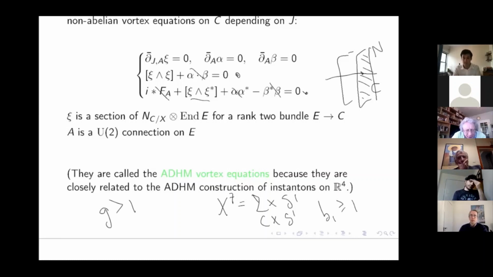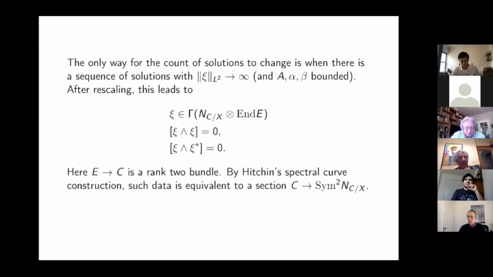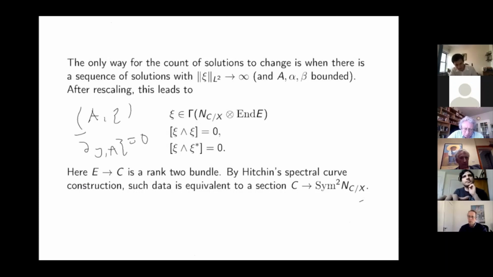Is there some geometric interpretation of the limiting system when you rescale everything? Can you talk about this a little bit? Yes, so solutions A, Xi that satisfy this limiting system correspond to sections of the second symmetric product. But then there were also these alpha and beta.